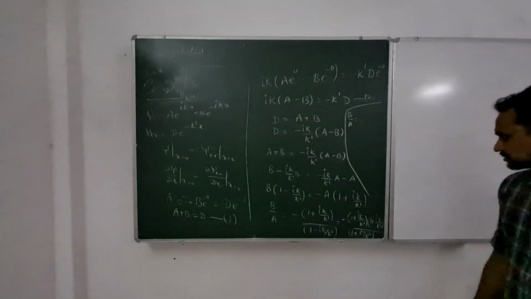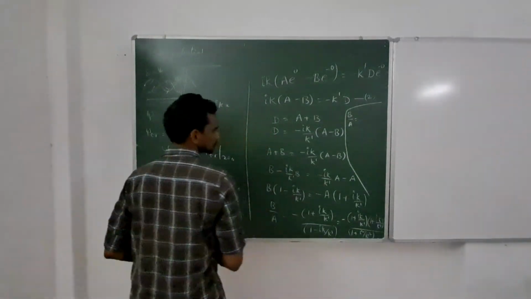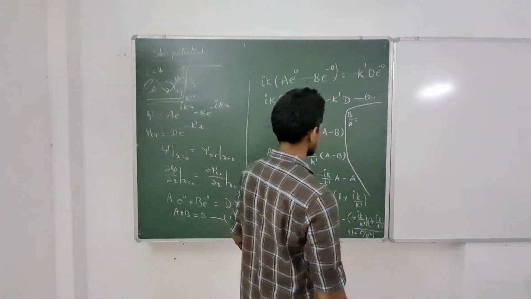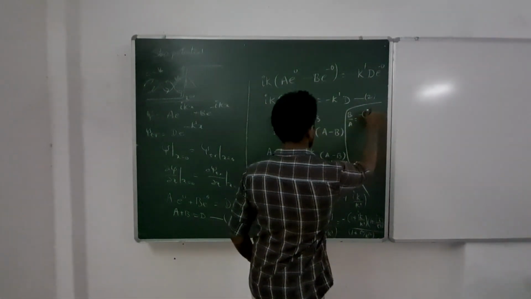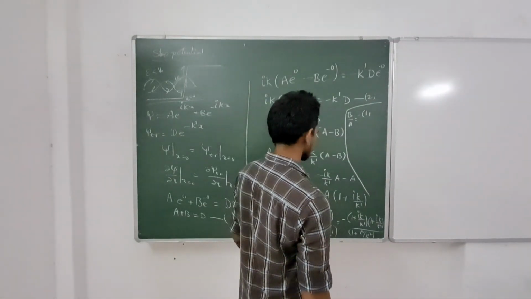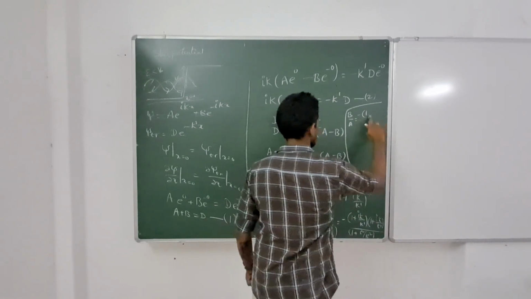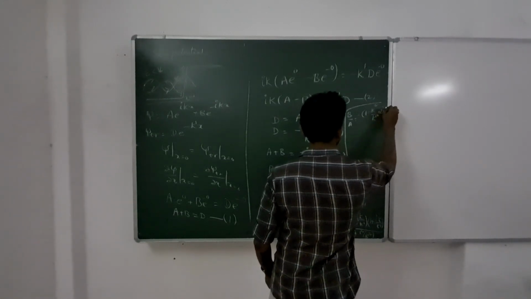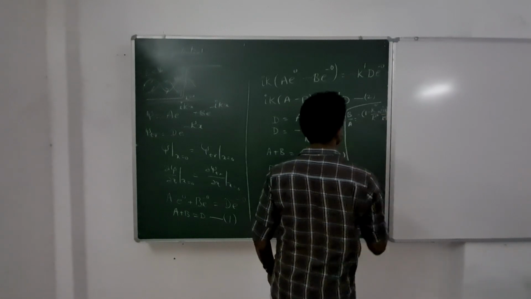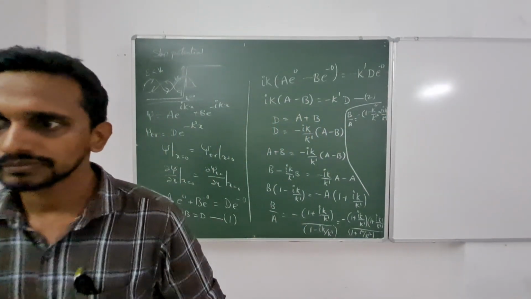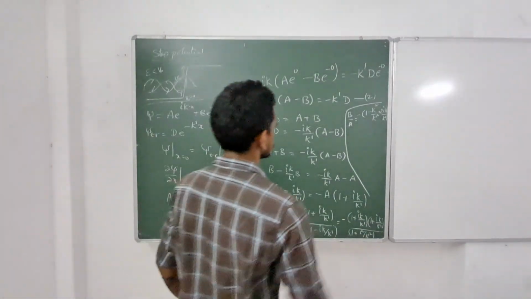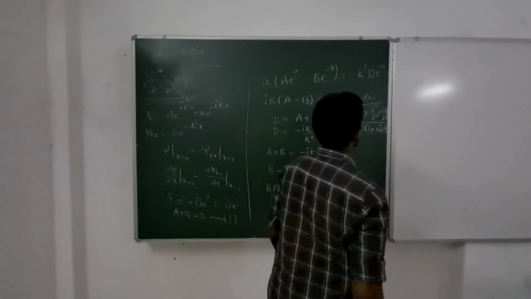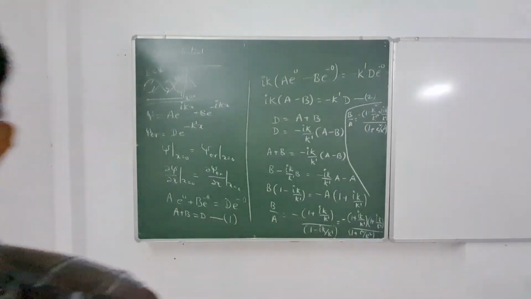So B by A is minus (1 minus k square by k' square plus 2i k by k') by (1 plus k square by k' square).